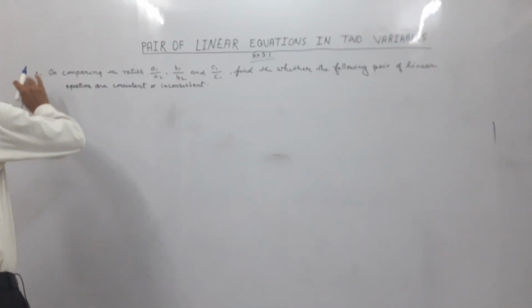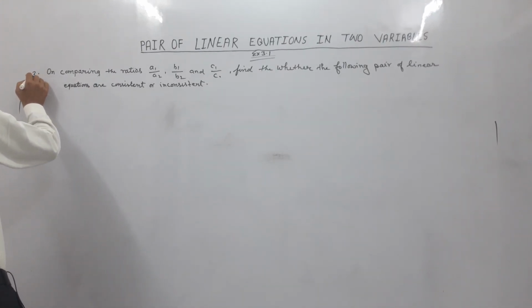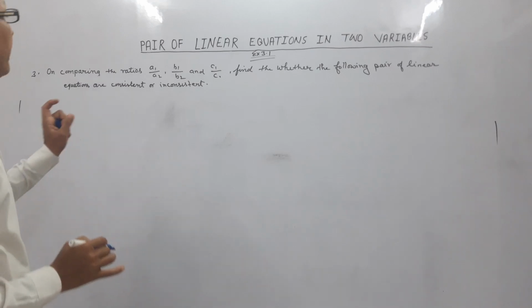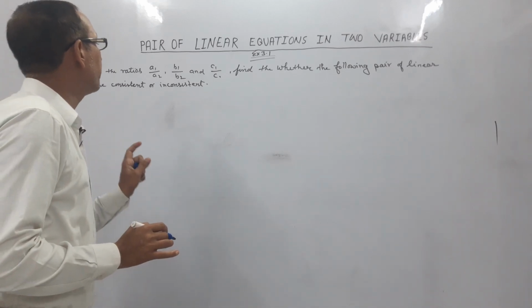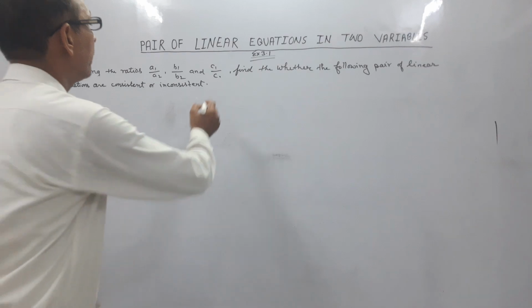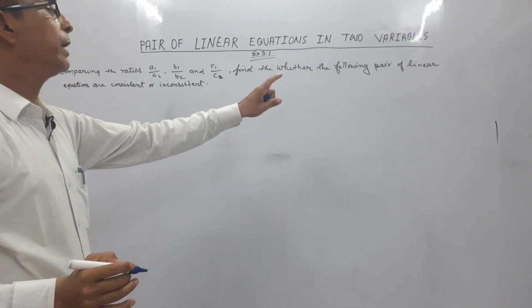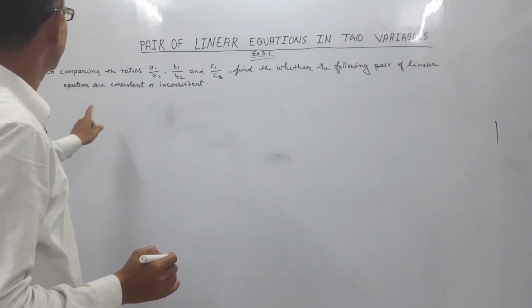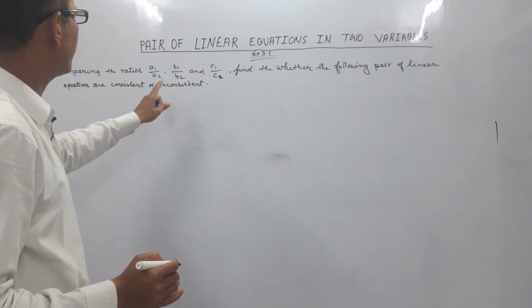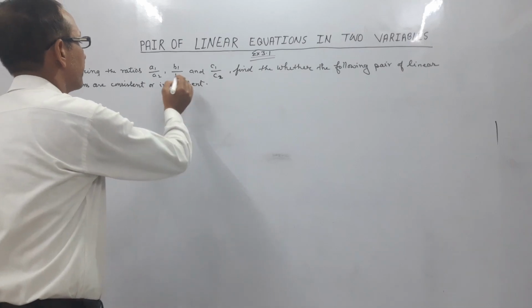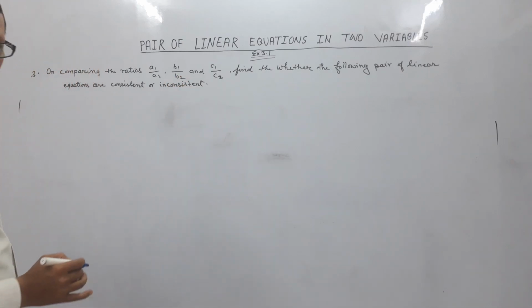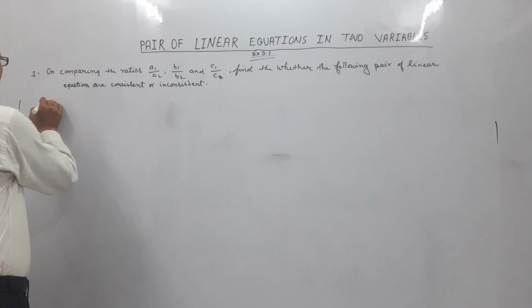देखिए question number 3. On comparing the ratios A1 by A2, B1 by B2 and C1 by C2, find whether the following pair of linear equations are consistent or inconsistent. Okay, so now I am going to start.